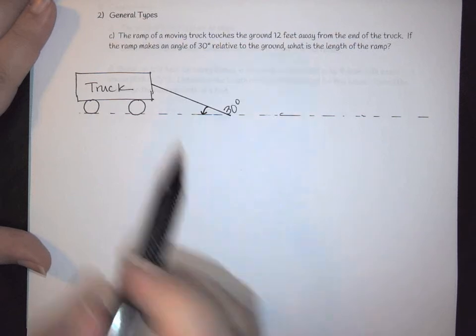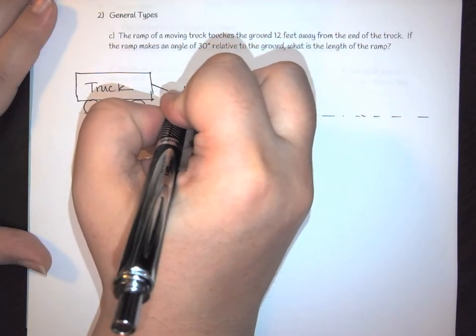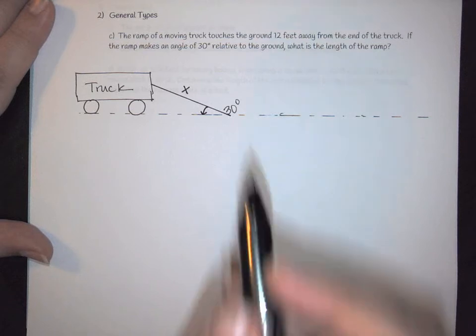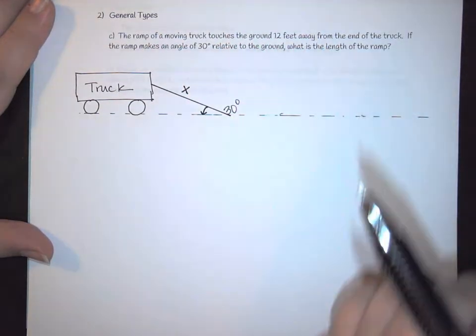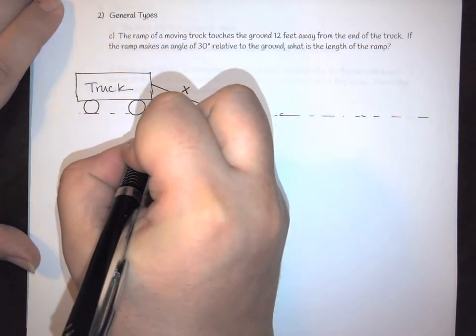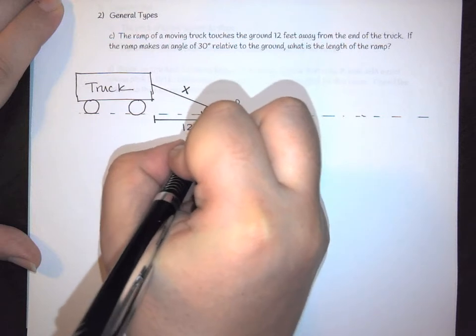So we want to know this piece here. What is this? The length of the ramp. Well, there was one other piece of information we were told. We were told that the ramp touches the ground 12 feet away from the end of the truck. So we know that this part of my triangle right here has to be 12 feet.